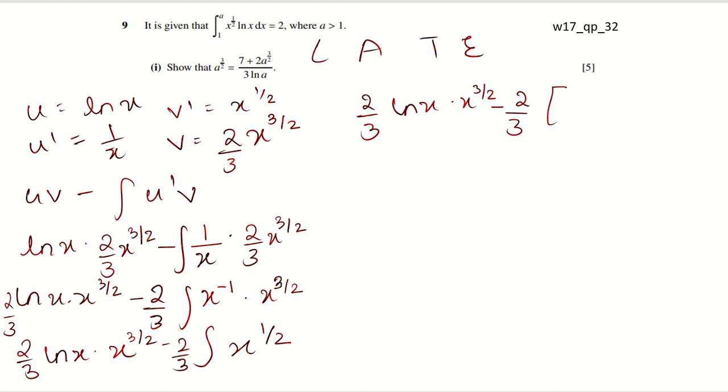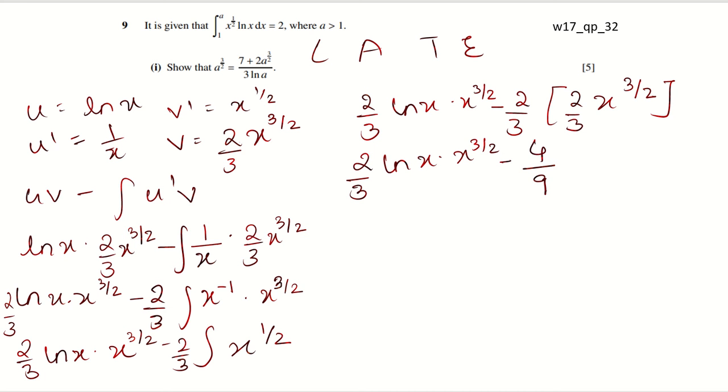After integrating, you will get x^(3/2) multiplied by 2/3, right? So 2/3 ln x multiplied by x^(3/2) minus 4/9 x^(3/2). Now you will put your limits.